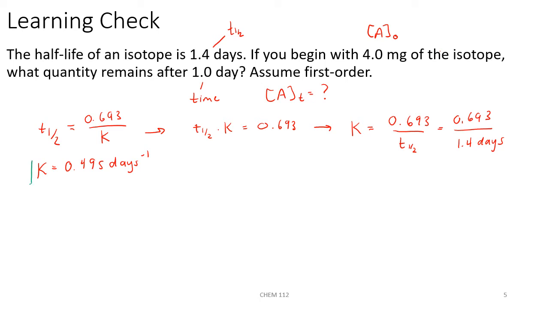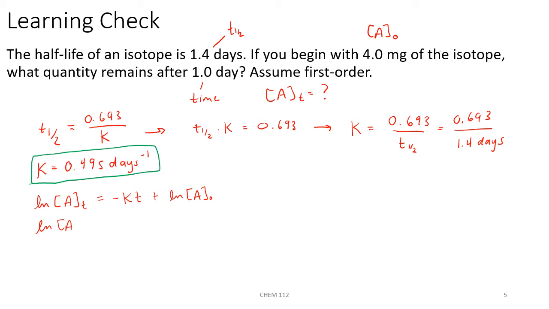Now that we used our half-life formula to figure out our rate constant, we can go back to our first order integrated rate law equation and solve for our concentration after some time has passed, just like we've done in other problems. So using the y equals mx plus b form to start, ln of A sub t will equal negative k times t plus ln of A sub 0, our original concentration.